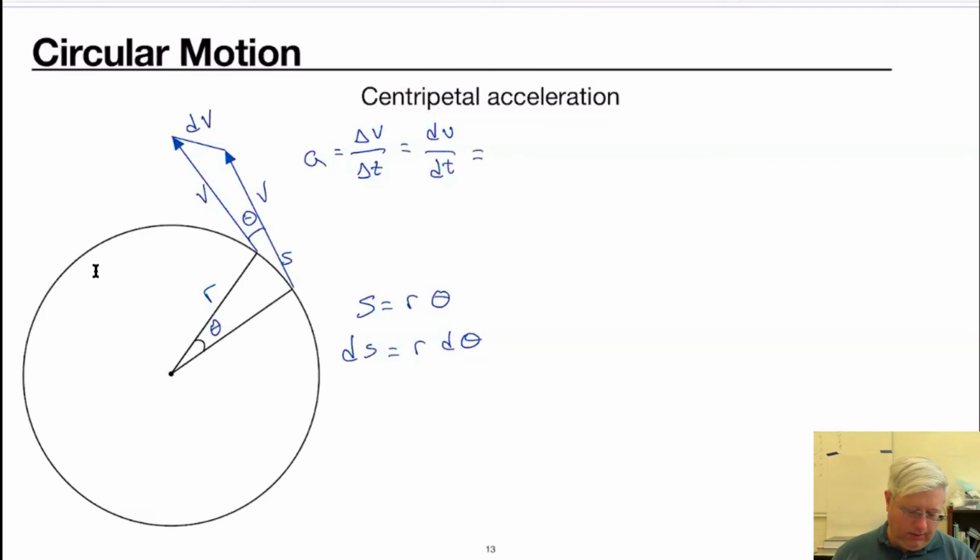So what is dv? According to the same pattern here, s equals r theta, well then dv will equal v d theta. Okay. So what is dt?